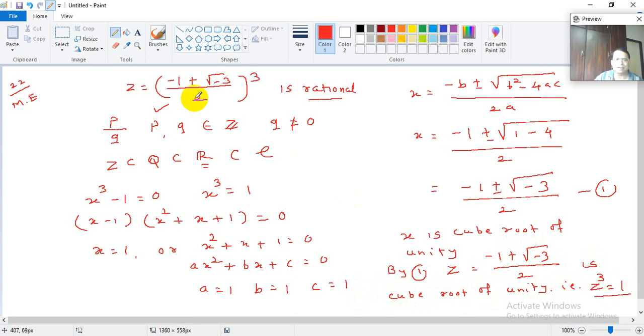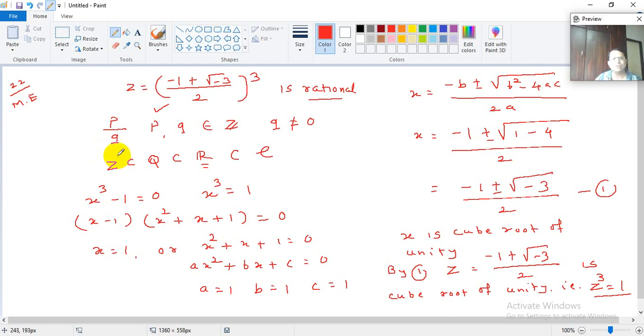Then it is done, you have to take its cube and show that it is a rational number. What did you get? z cube is 1 and 1 is 100% integer. So integer is always a rational number. Any integer, when you take it, its denominator is 1, and 1 is an integer which is non-zero. So any integer I can write in this form, p upon q.